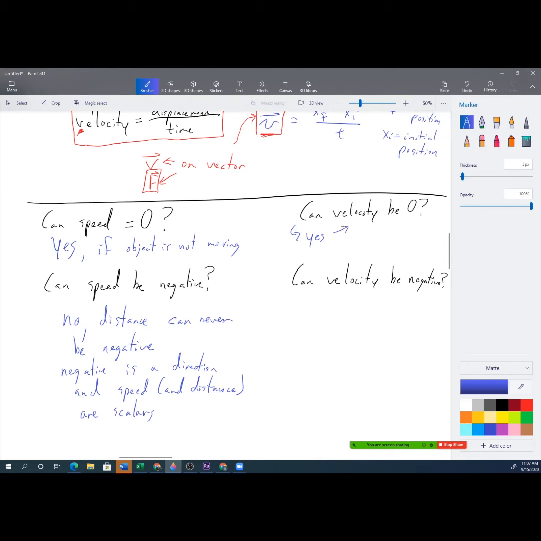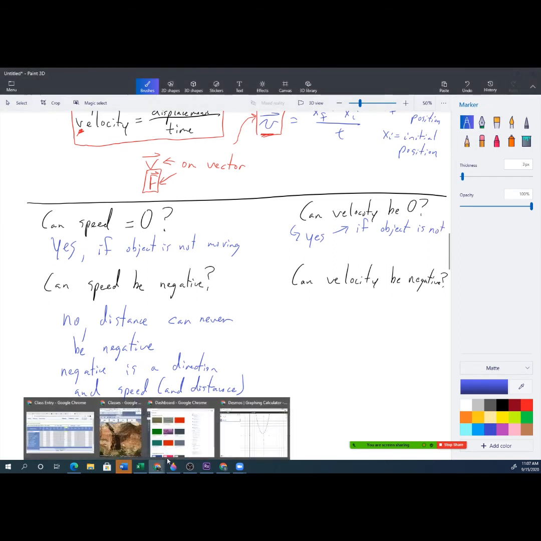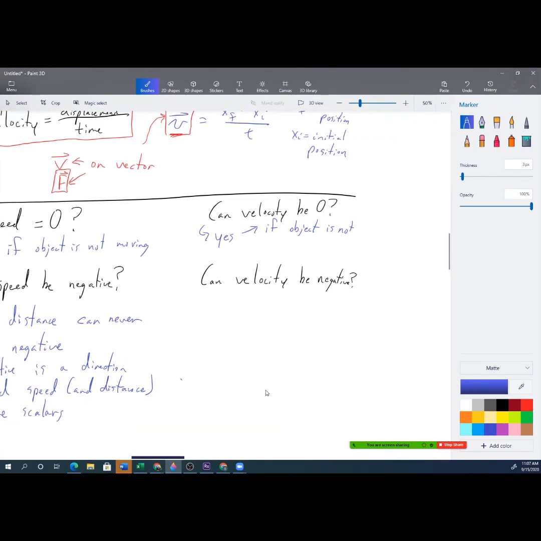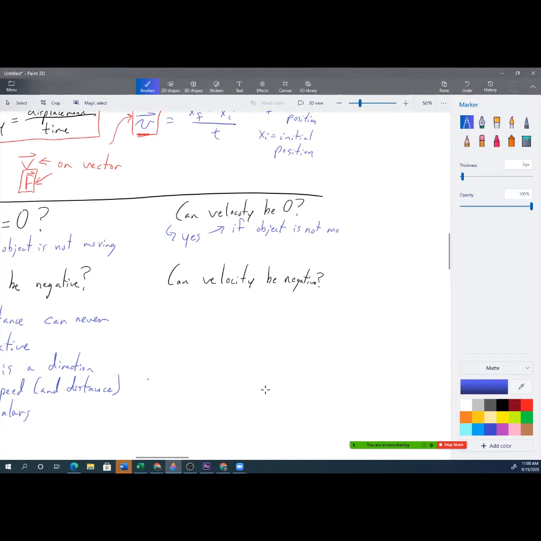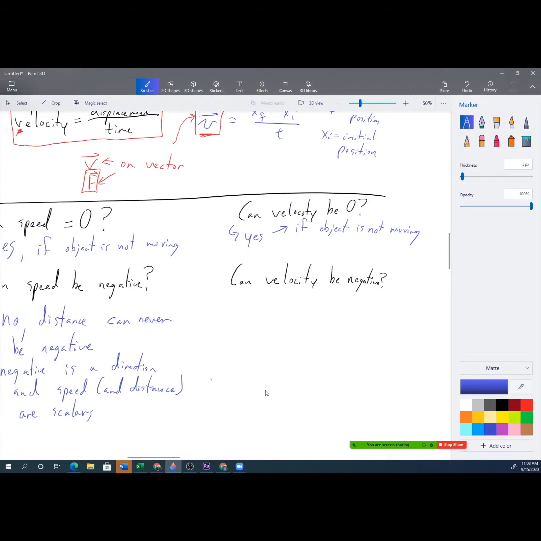One of them is the same as before. If the object is not moving, it is possible to have a 0 velocity.